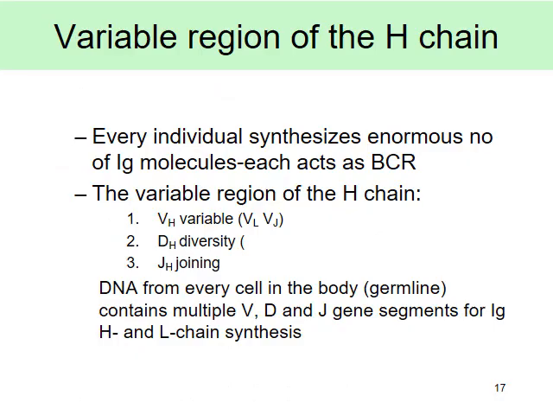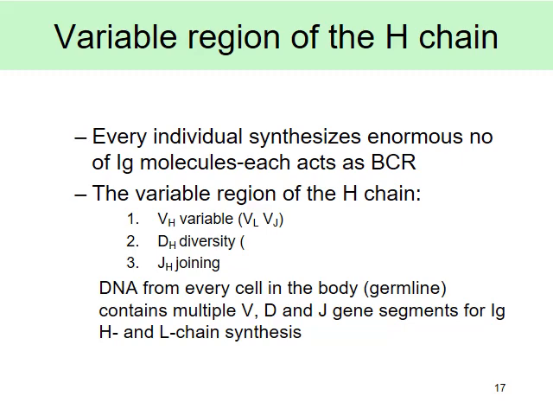Now, to summarize what I've gone through, and as I said, you can read it in the book as well. I've just picked up the salient points. Let's say variability in the heavy chain gene, and the reason is that since this is going to act as a BCR, which is a B cell receptor, we have the ability to recognize different antigens.